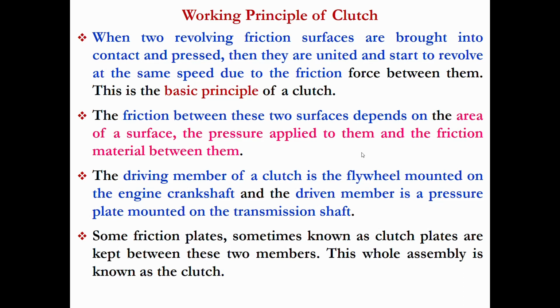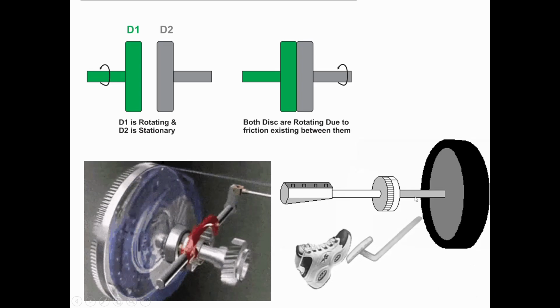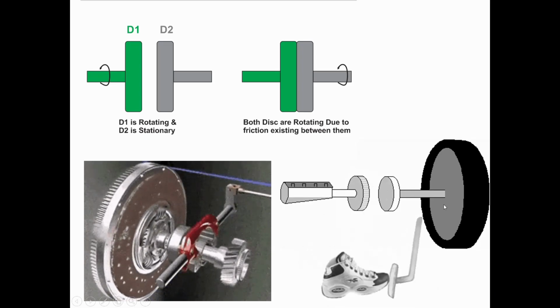The whole assembly has a driving part and a driven part. Both combined are collectively called the clutch assembly. From this diagram we can understand there is a driving end and a driven end.